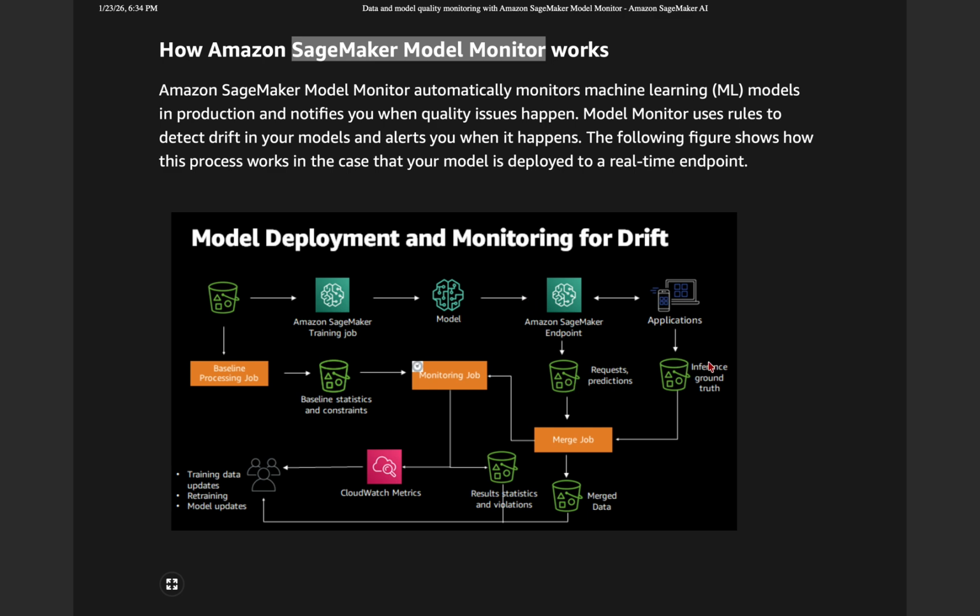Now both the data have been saved: the actual truth, the ground truth, and the predictions made by the SageMaker endpoint. They are both used in a merge job, and then that merged data is saved to S3.